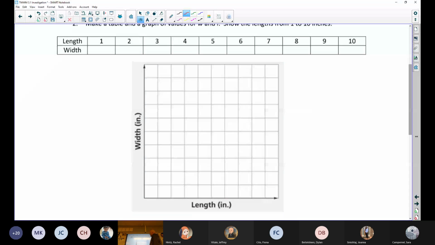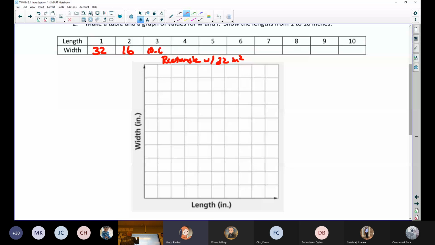Now remember, this is dealing with a rectangle with an area of 32 square inches. So again, if the length is 1, what is the width? 32. What if it's 2? 16. Good. 3 is a decimal.